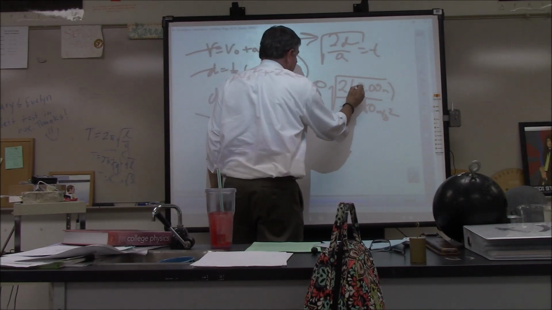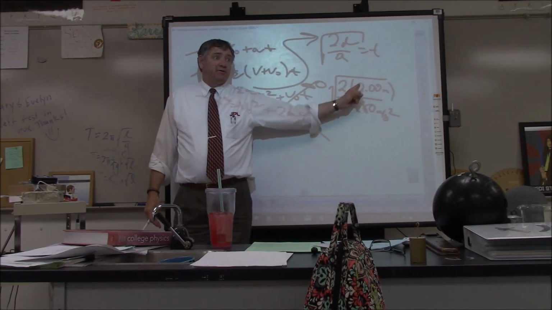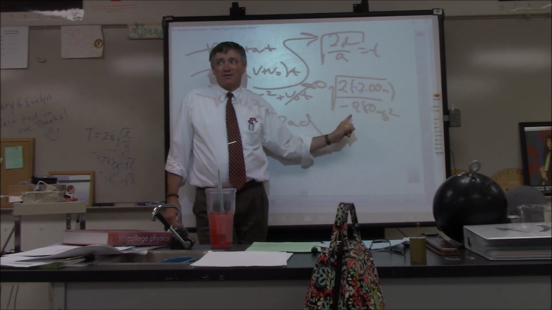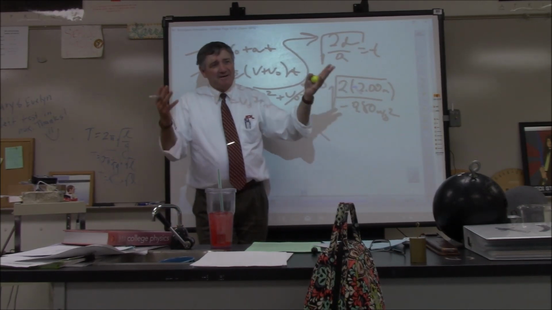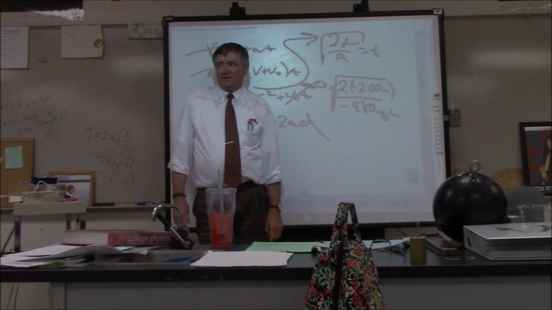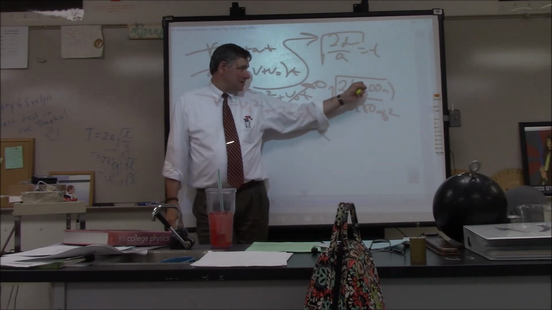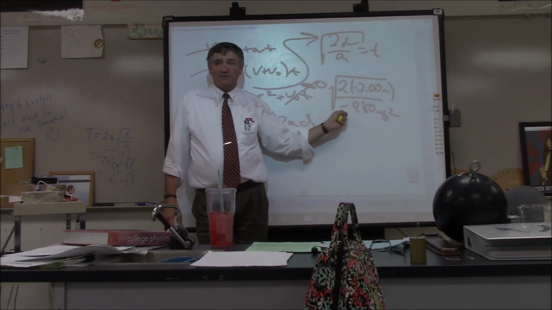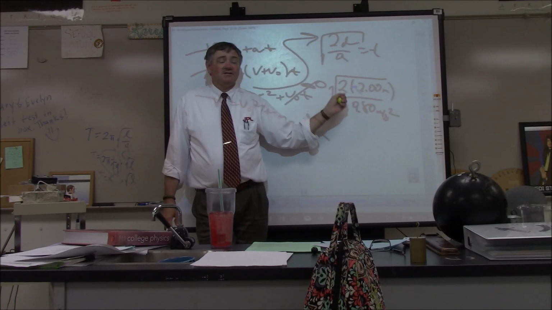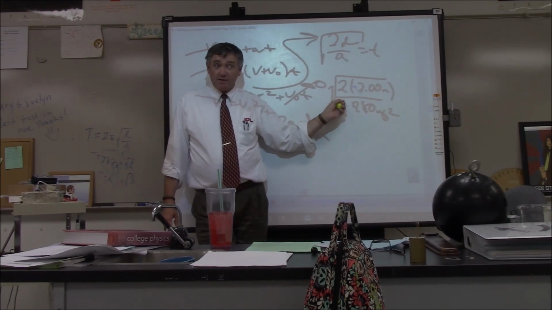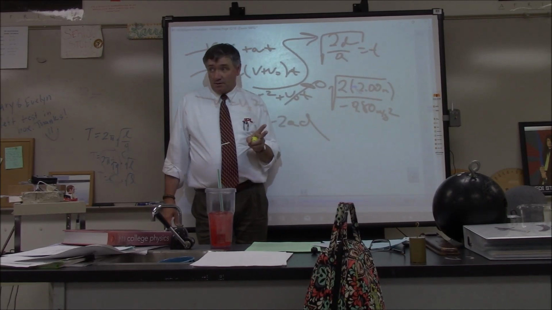Negative. Miracle of miracles, now I have 2 negative numbers underneath the radical, and it's positive. Here's a positive value. This is what you have to watch for. Don't get lazy. Don't shortcut this process. If you're getting negative numbers underneath the radical, you have done something wrong.